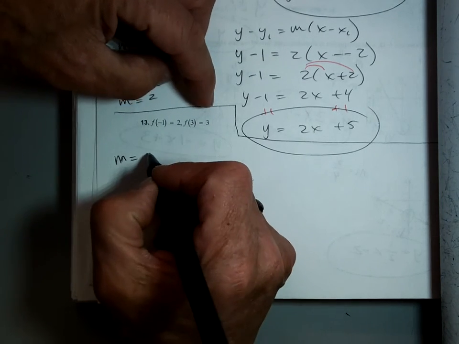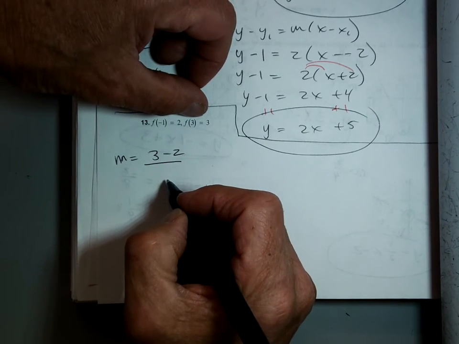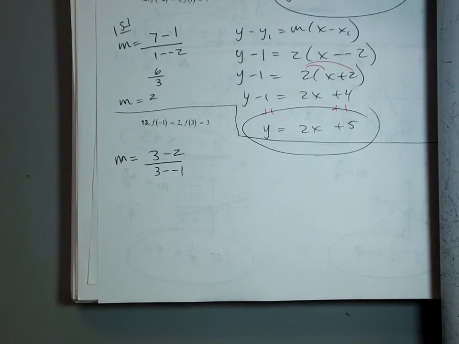So, slope, I'm going 3 minus 2 over a 3 minus negative 1, okay? Okay, that's what I got for my slope. 6 over 3. 1 over 4. Should be 4, right? Wait, why was he doing 7? He did 7 minus 1. Oh, yeah. 3 minus 2.